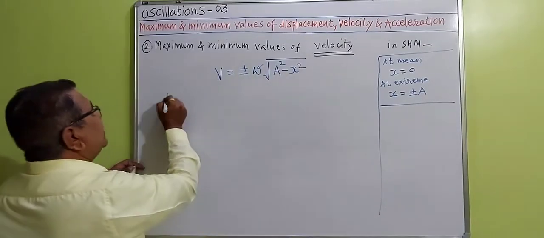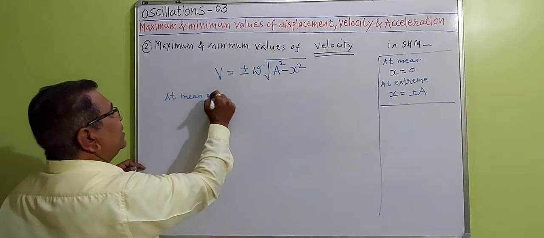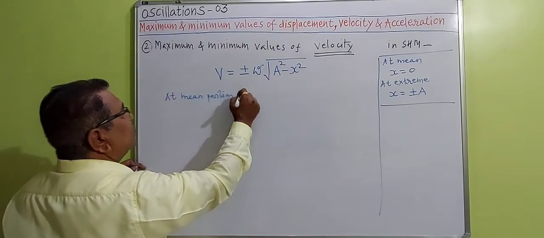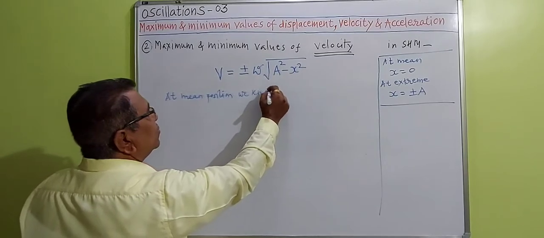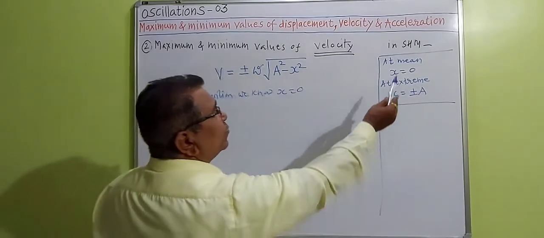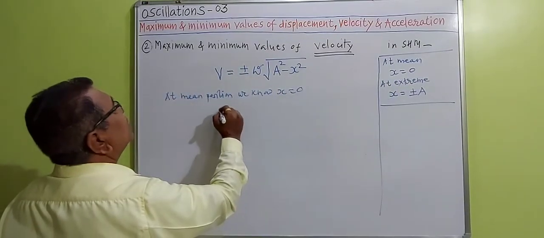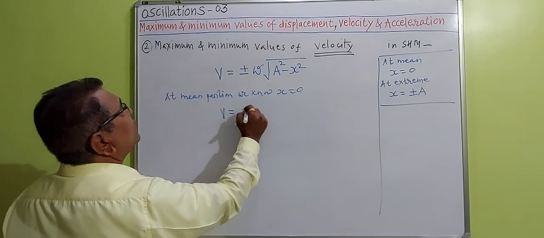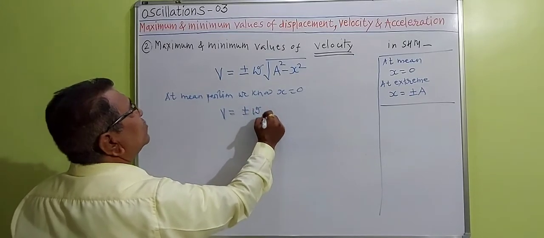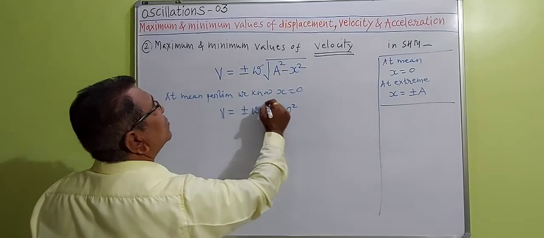Okay. At mean position we know x is equal to 0. Put 0 here, we get V is equal to plus or minus omega square root of a square minus 0 square.